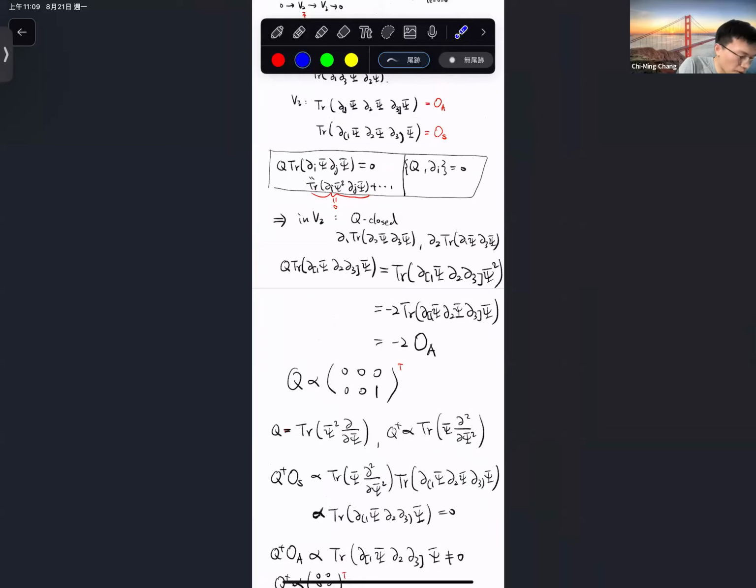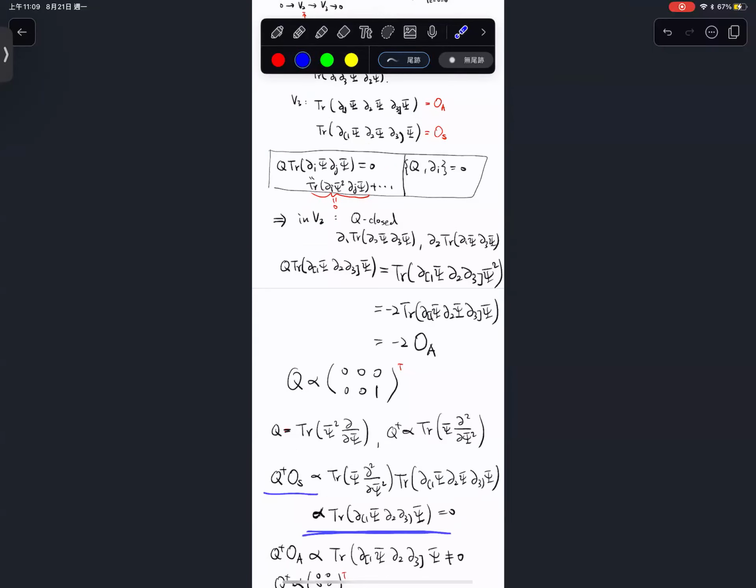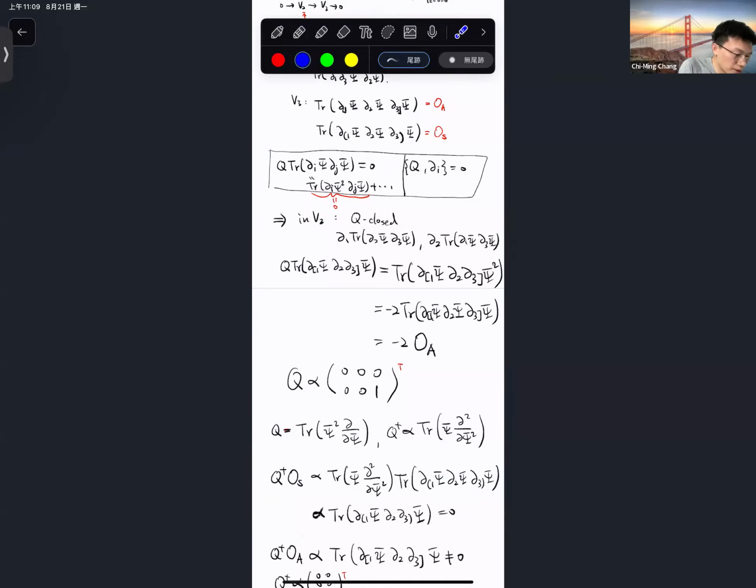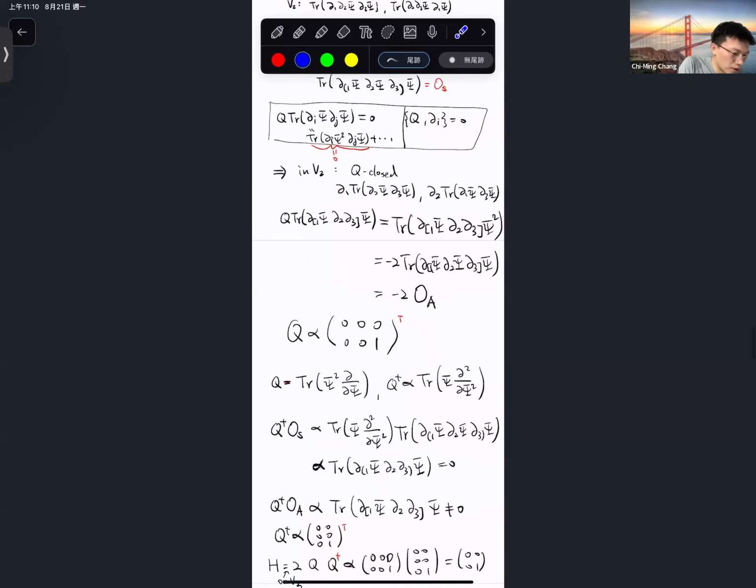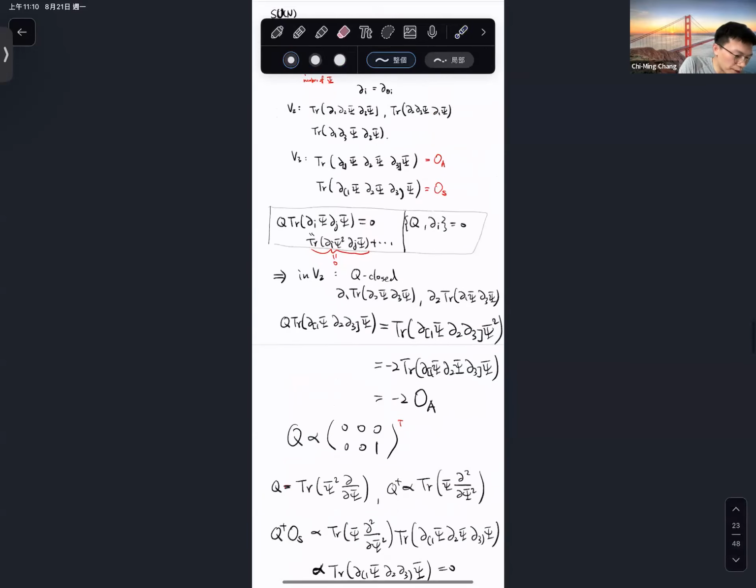We see that OS is annihilated by both Q and Q dagger. It should also be annihilated by Q, because it's quite trivial, since you have too many sides compared to the derivative. So OS is the true BPS operator.